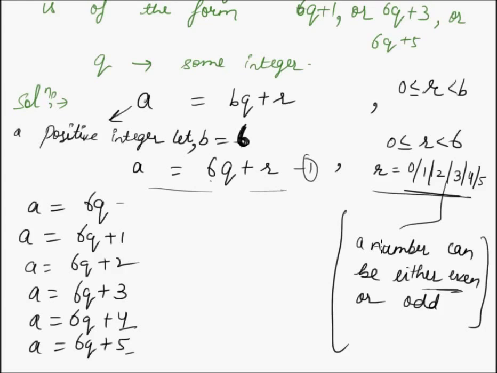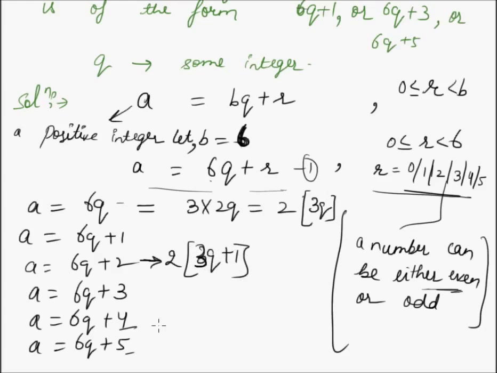So this 6q can be modified as 3 into 2q or 2 into 3q. Similarly, this value, if we take 2 common, can be modified as 2 into 3q plus 1. This value also can be modified as 2 into 3q plus 2.